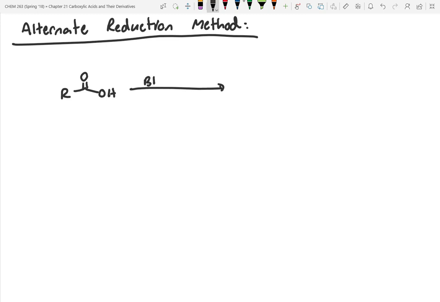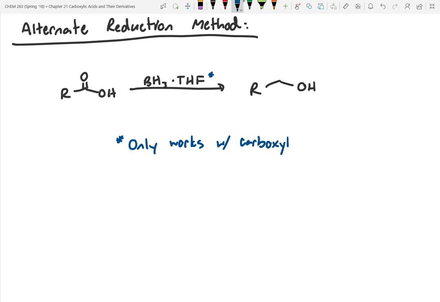You can use BH3-THF. And you can get this to reduce all the way to a primary alcohol. The nice thing with this one is it only works with carboxylic acid. It doesn't work with aldehydes, ketones, esters, or anything like that. So I'll show you an example of this in action.